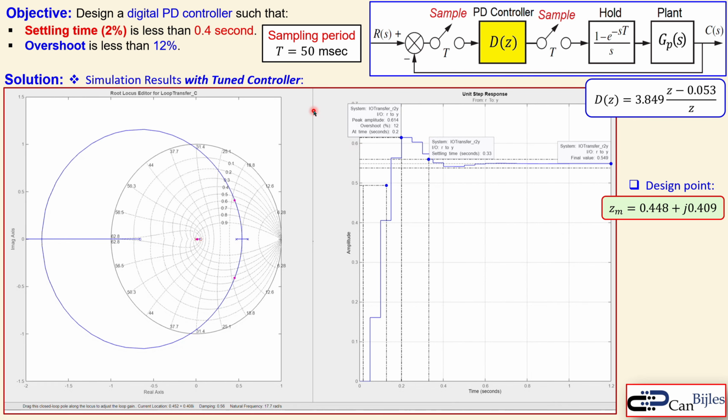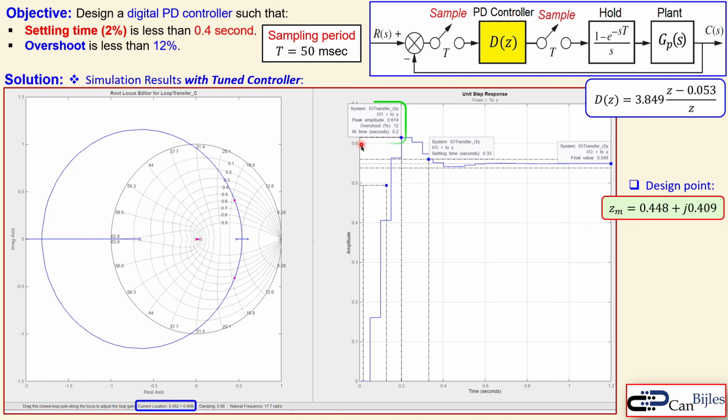I just tuned that in MATLAB. I actually changed the gain. The current location of these second order poles is still very close to what we have here. So we can read here 0.452 and 0.408i, which is also very close to what we have.